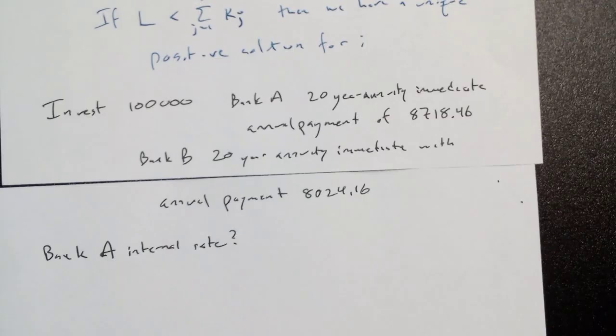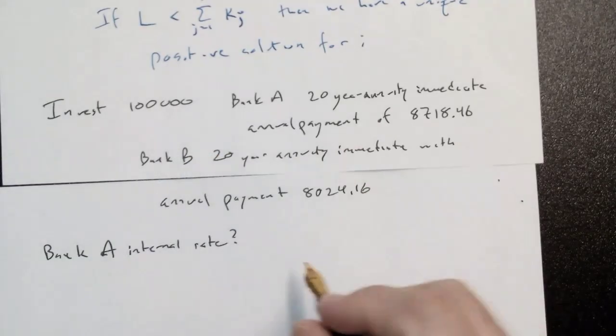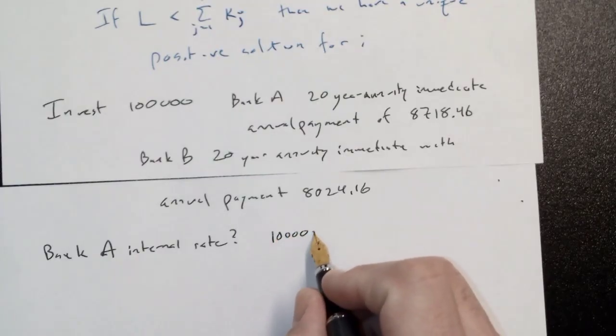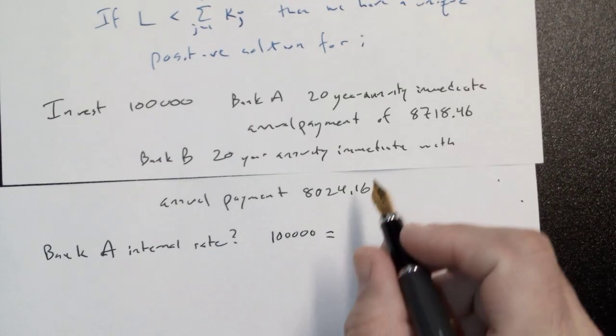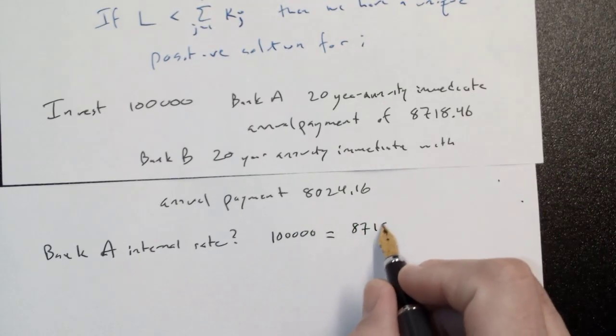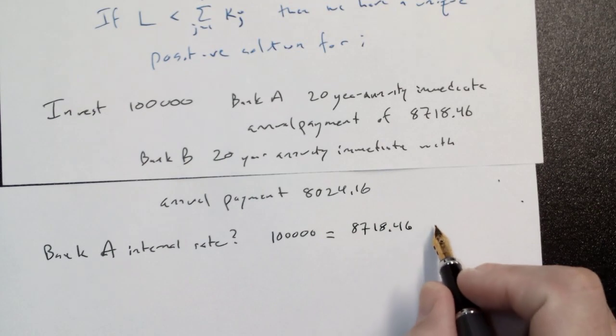How do I figure out the interest rate I need here? So the present value is the amount I paid. It's an ordinary annuity with a payment of 8718.46.